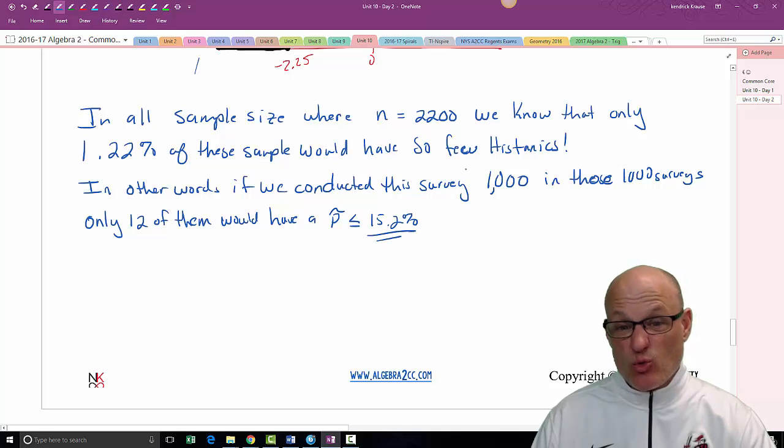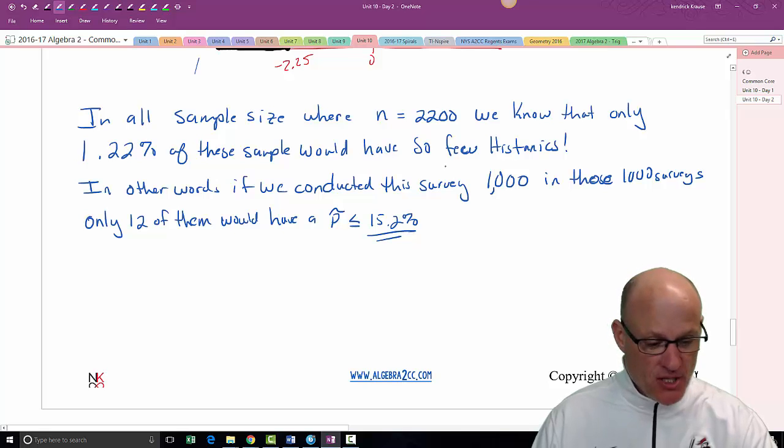Or in other words, only 12 of them would have a population of Hispanics so low.